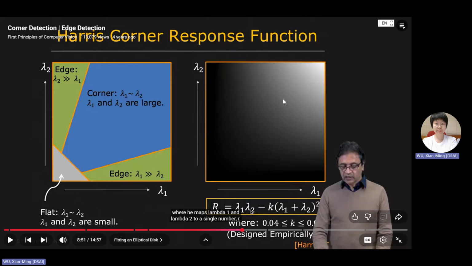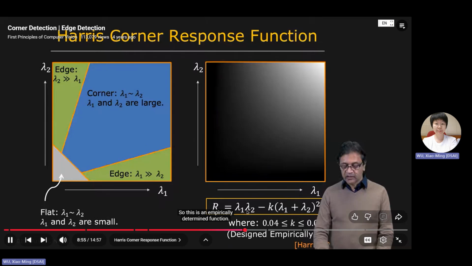If a point is here, its R value should be large. In contrast, if the point is here, both lambda 1 and lambda 2 are small, and hence the R value is small. So this is the visualization of the R value, or the cornerness score, or equivalently the F function.